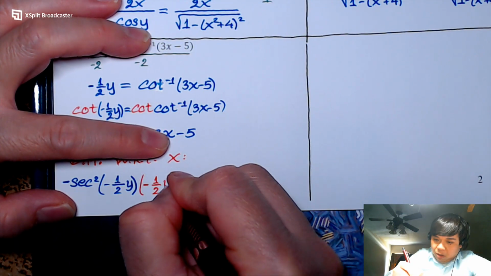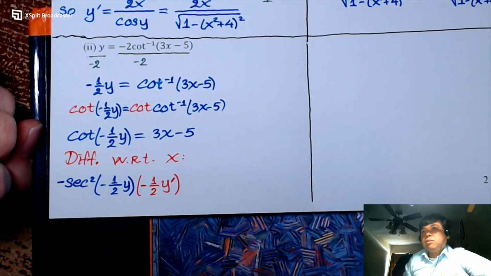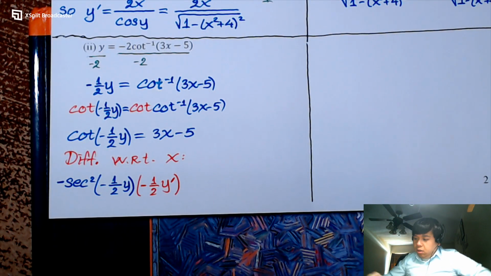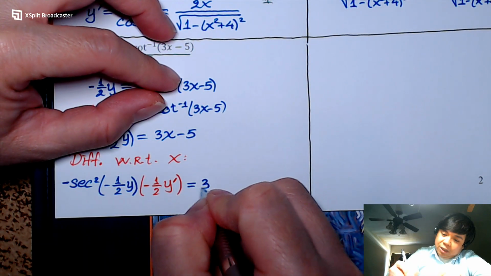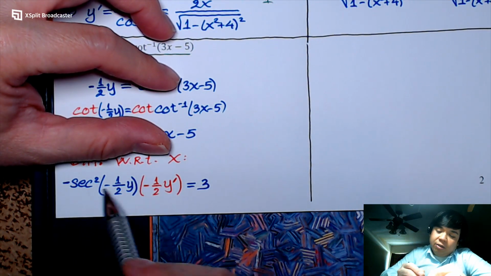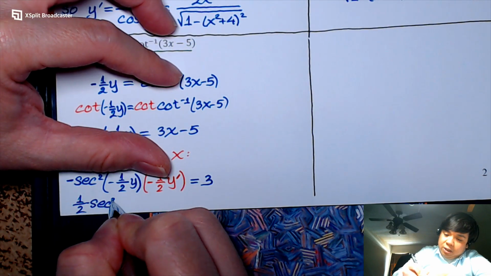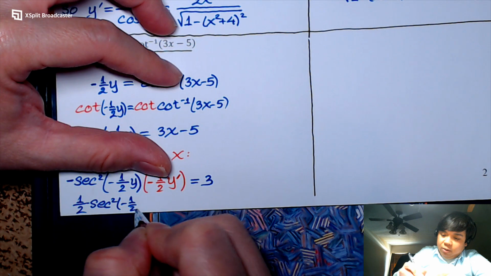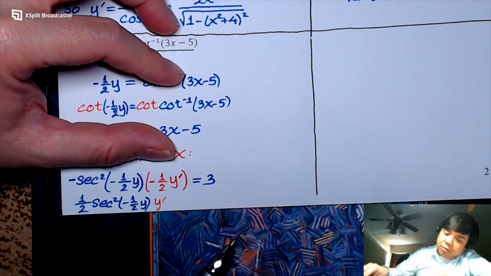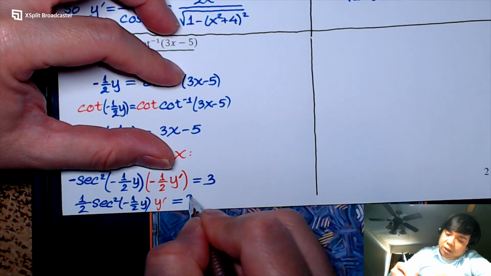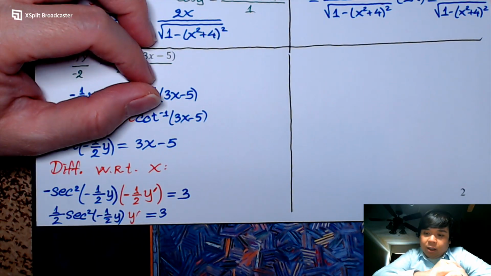The derivative of this is just y prime. And the derivative of 3x minus 5 is just 3. Negative, negative, that gives us 1/2 secant squared of -1/2 y prime equal to 3.